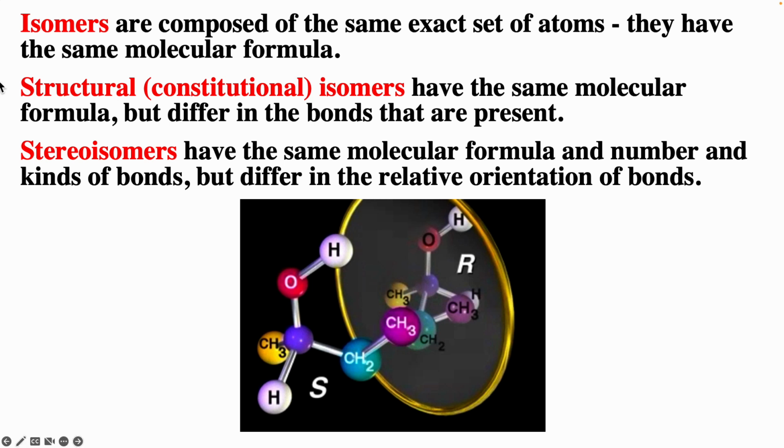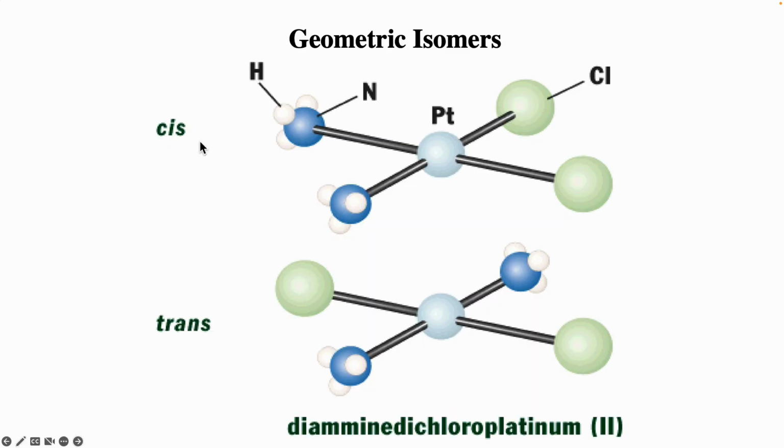And so again, structural isomers, same set of atoms, different types of bonds. Stereoisomers, same set of atoms, same types of bonds, but different relative arrangements of those bonds. Now geometric isomers, here we have cisplatin, this is transplatin. So you have platinum in the middle, you got ammonia groups, and chlorine.